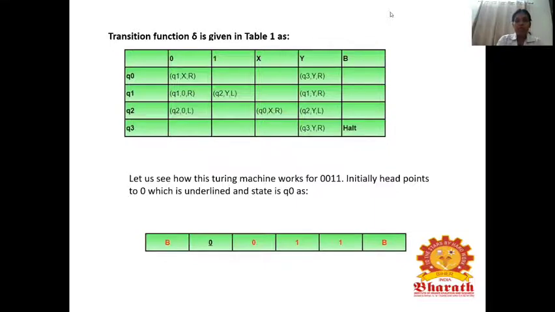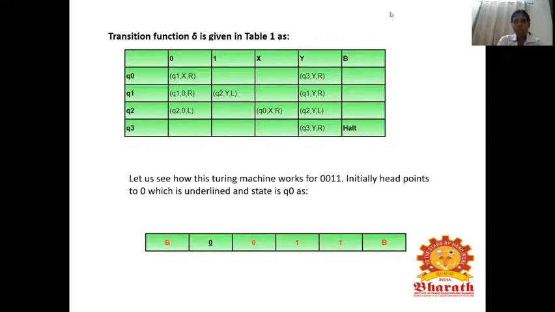Next for Q2, the input symbol Y, it means Q2, Y, L. It means that from Q2 to Q2 there is no transition, and for Y there is no replacement. Only the head moves and starts reading the next symbol. So this is how the transition function says.